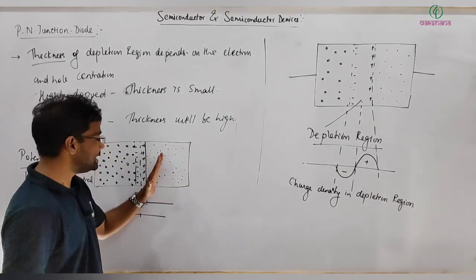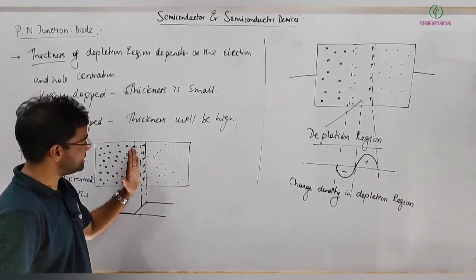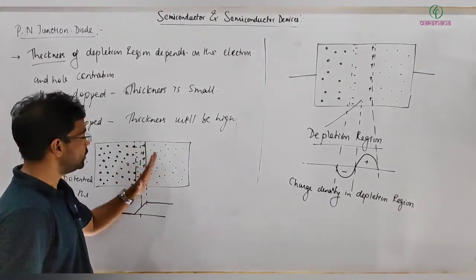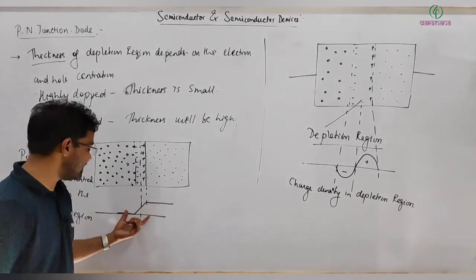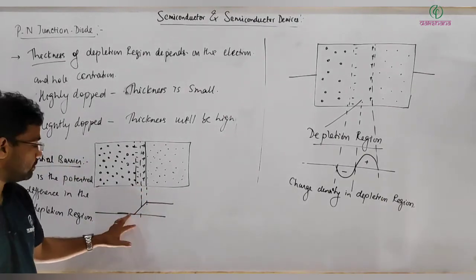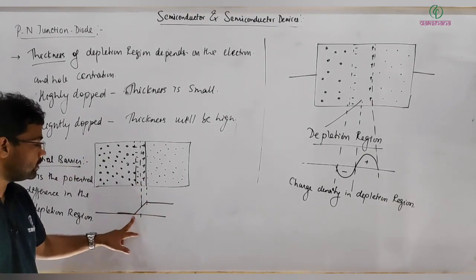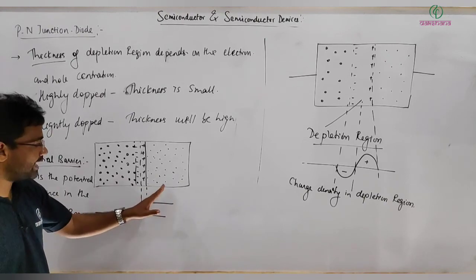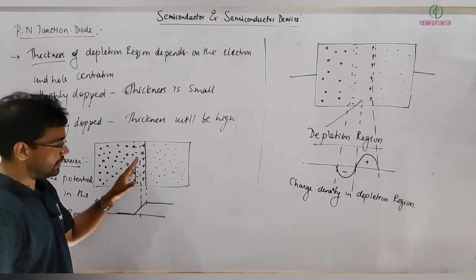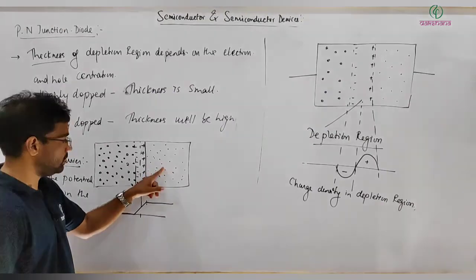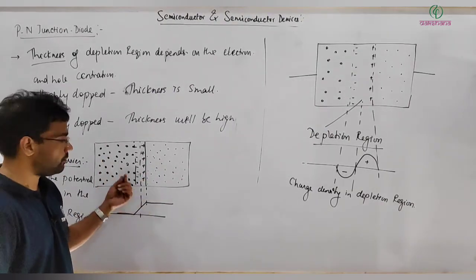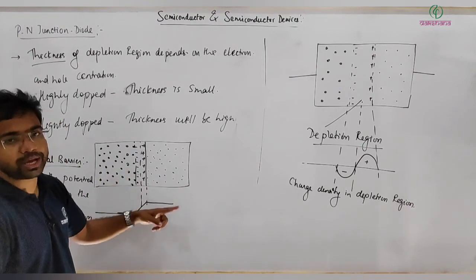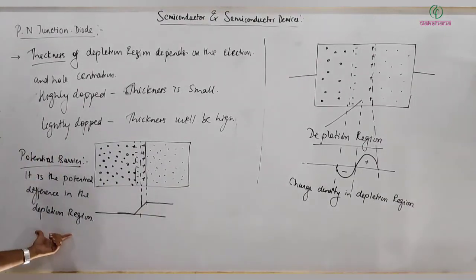Similarly, the electrons, which have a negative potential, create a barricade or barrier for electron movement from the n side to the p side. So this potential we call the potential barrier. If I take potential 0 here, then it will be like this. So it will be a barrier for electrons if they are jumping from the n side to the p side, and it will also be a barrier for holes to jump from the p side to the n side. So this is your potential barrier.